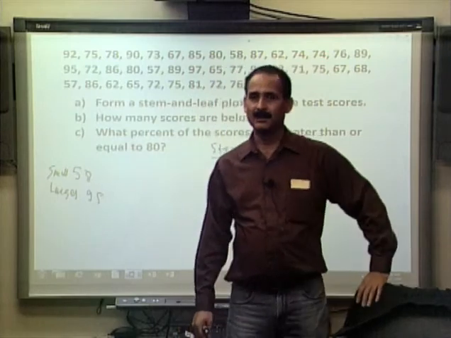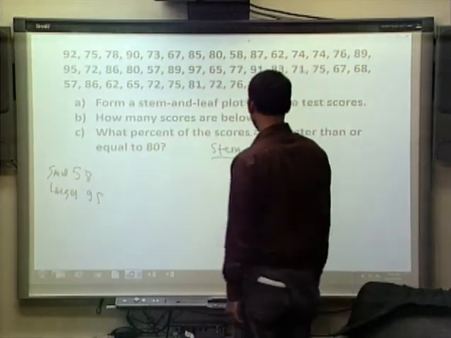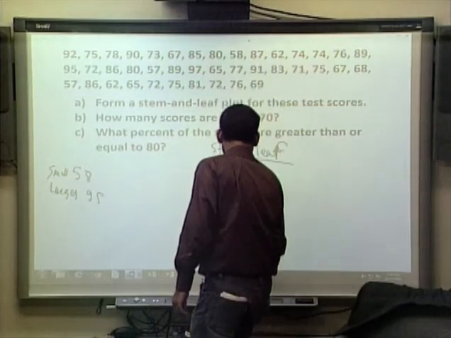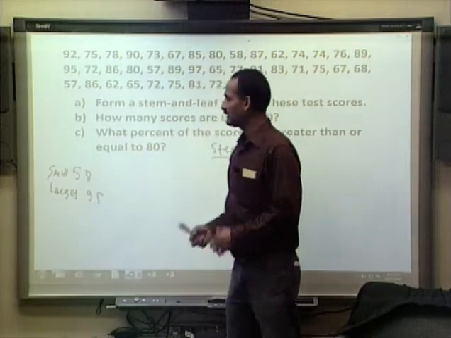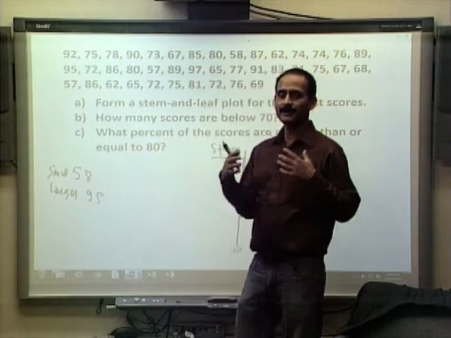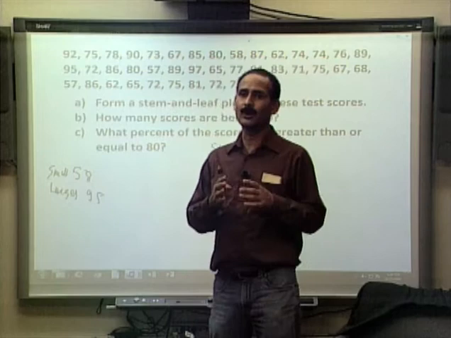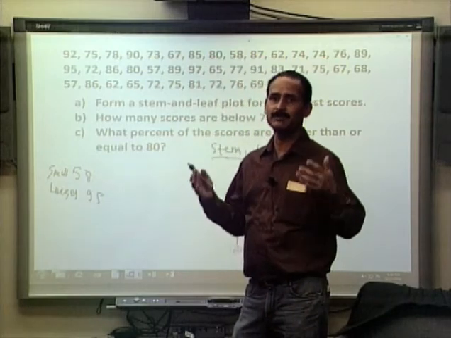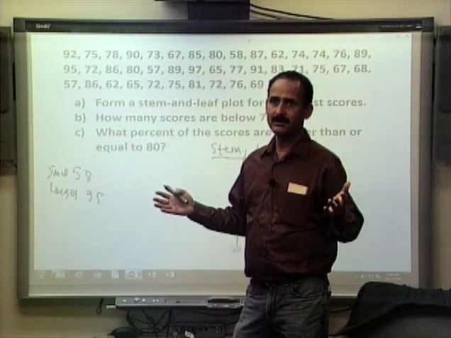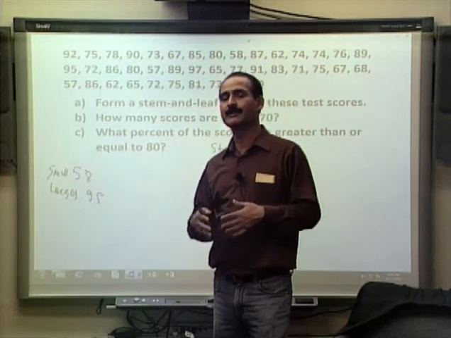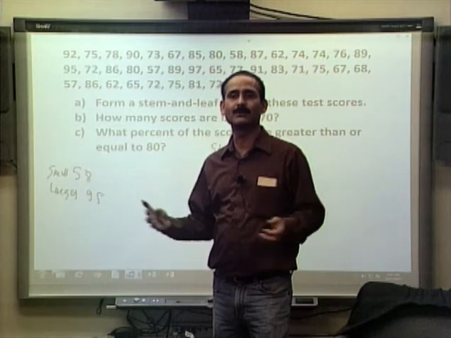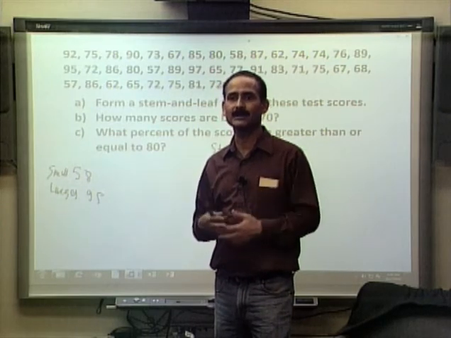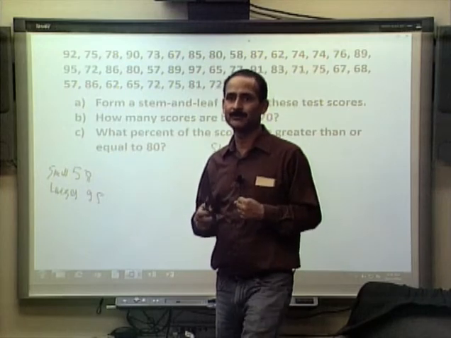Well, since the smallest is 58 and the largest is 95, all the observations are in between 58 and 95. So something could be 65, something could be 68, something could be 87, something could be 75.